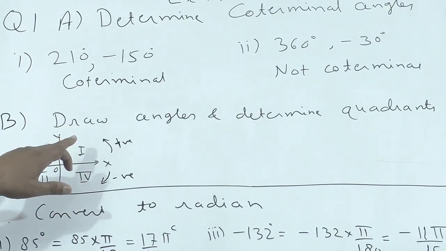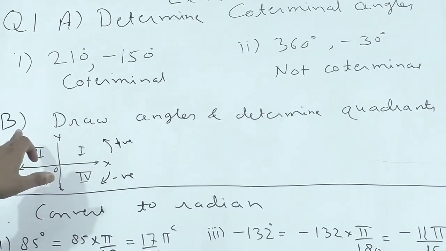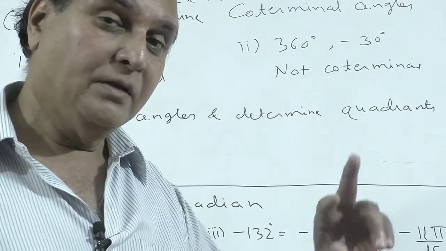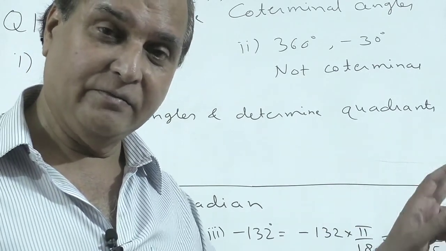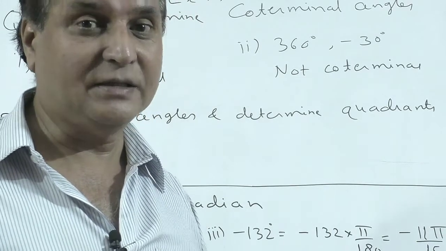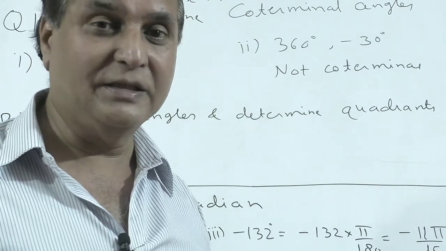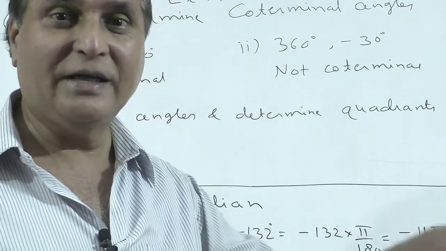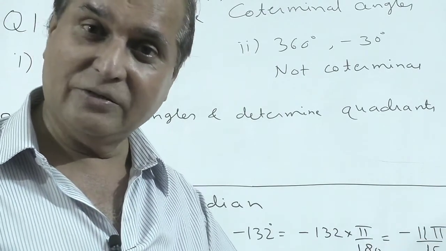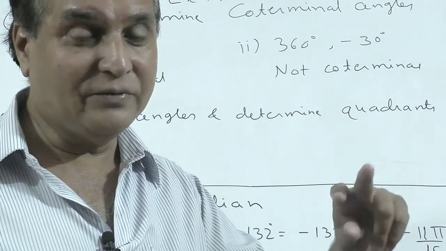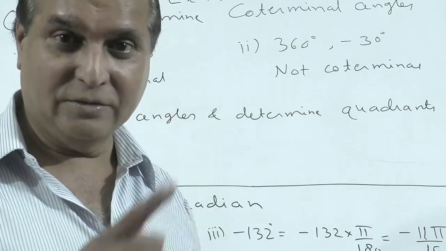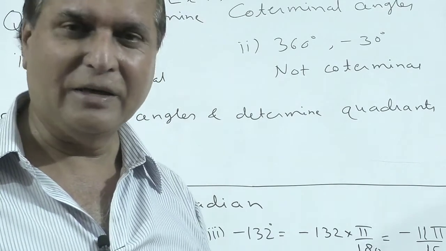If the second arm goes in the first quadrant, second, third, fourth: 0 to 90 is the first quadrant, 90 to 180 the second quadrant, 180 to 270 the third quadrant, 270 to 360 the fourth quadrant. The opposite way, 0 to minus 90 is the fourth quadrant, minus 90 to minus 180 the third quadrant, minus 180 to minus 270 the second quadrant, and minus 270 to minus 360 the first, and so on. You draw the angle and you will automatically come to know.